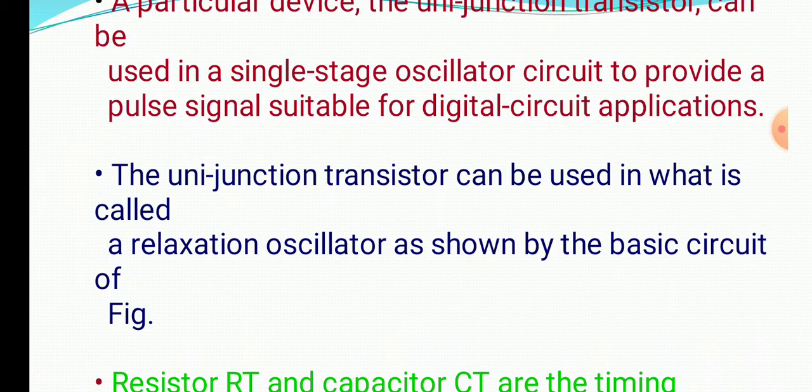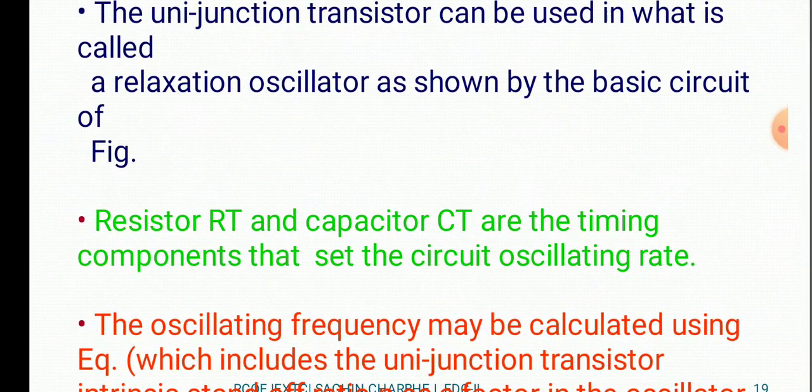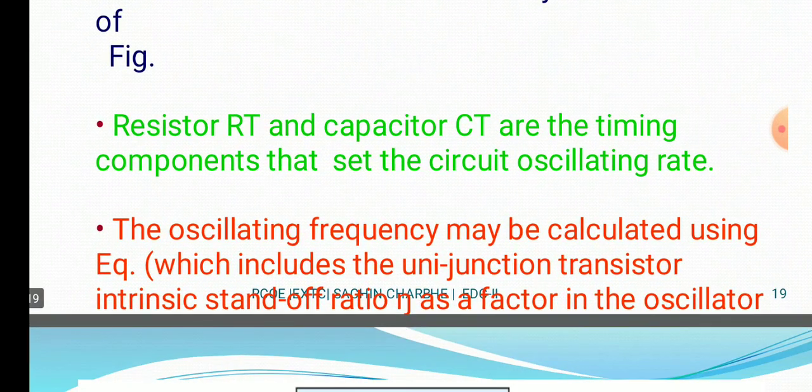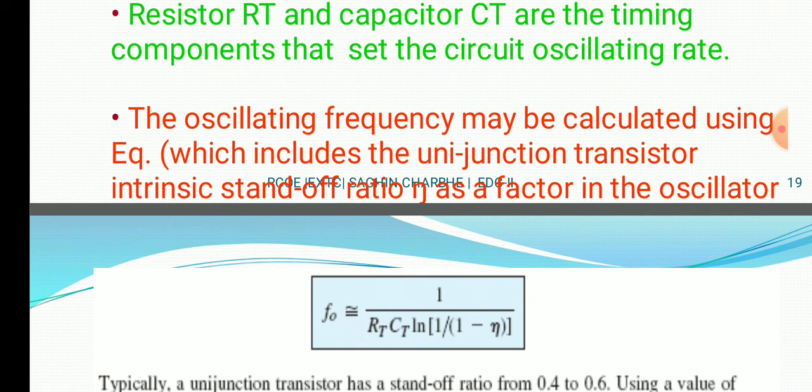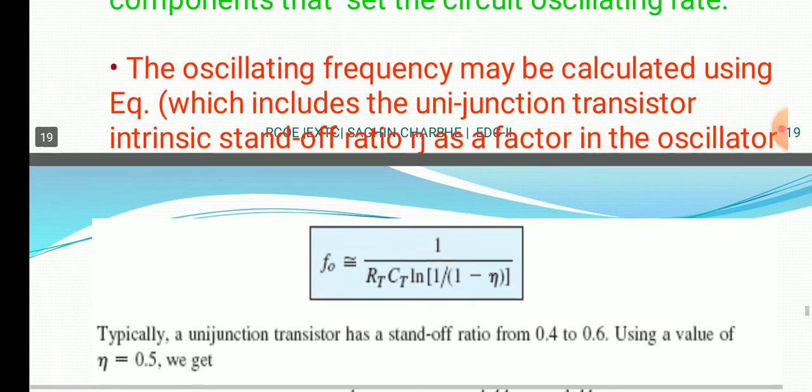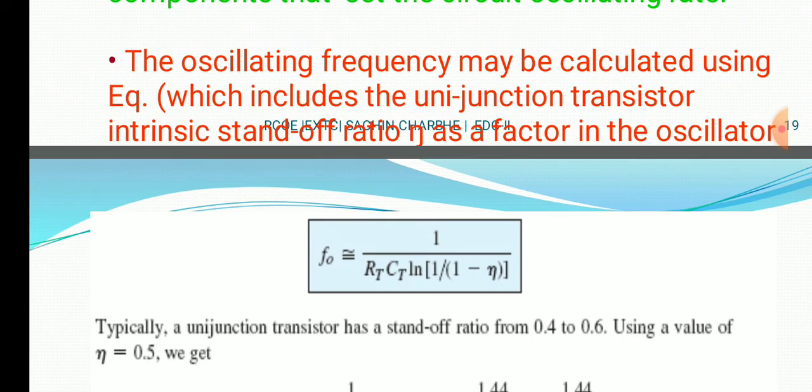The UJT can be used in what is called a relaxation oscillator, as shown in the basic circuit. The resistor RT and capacitor CT are timing components that set the circuit oscillating rate. This frequency may be calculated using the equation f0 equals 1 by RTCT ln 1 by 1 minus eta.